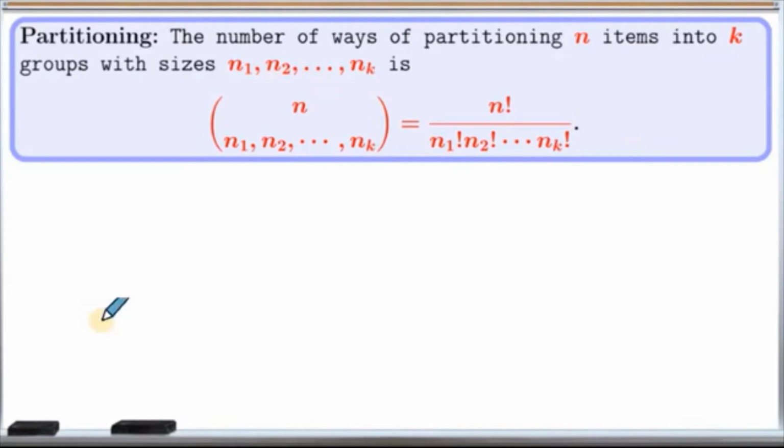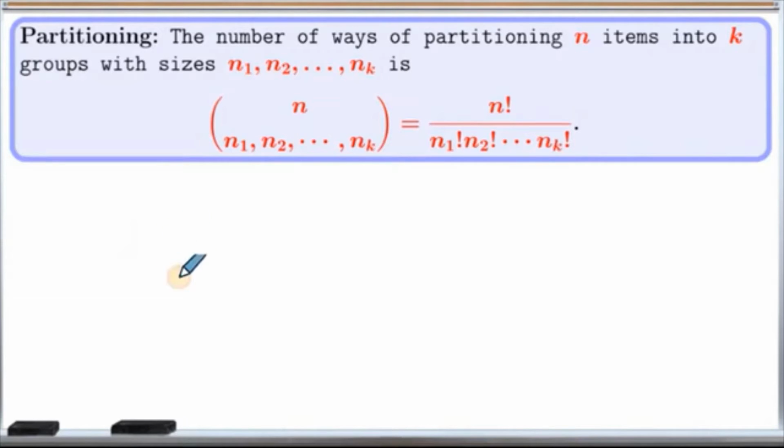In other words, we can also say that the number of ways we can partition n items into k groups is given by this formula. So this is like the number of ways of putting n people into k rooms.